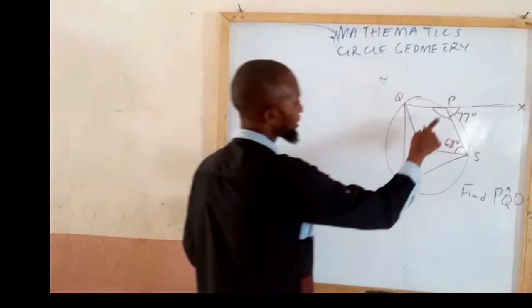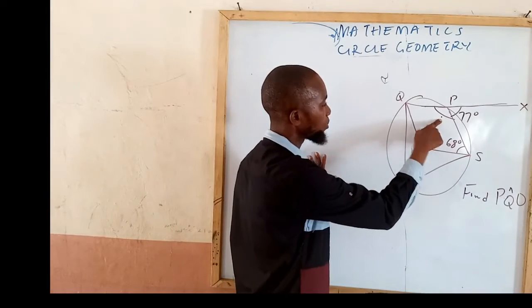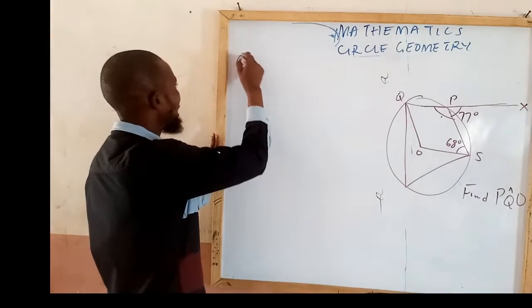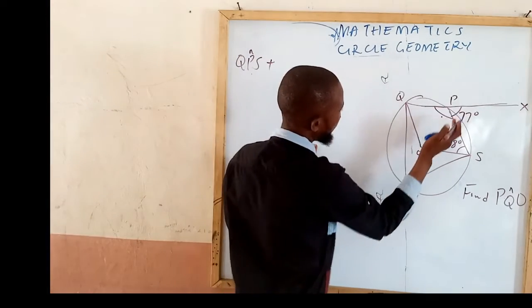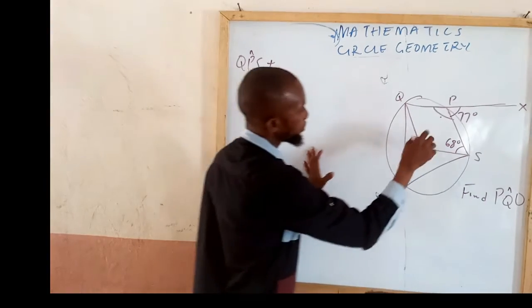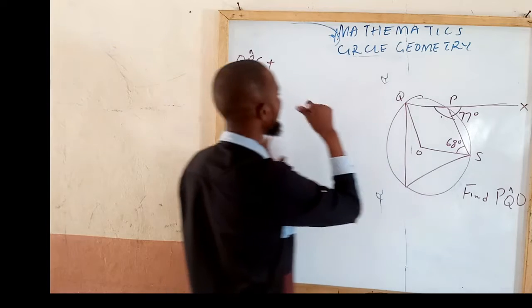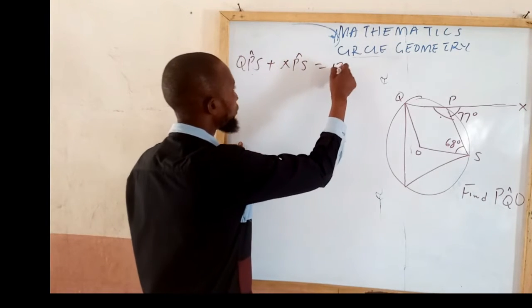So we can say this angle plus this angle is 180. Now how do we name it? I may call this angle QPS, and the other angle XPS. So QPS plus XPS is equal to 180 degrees.